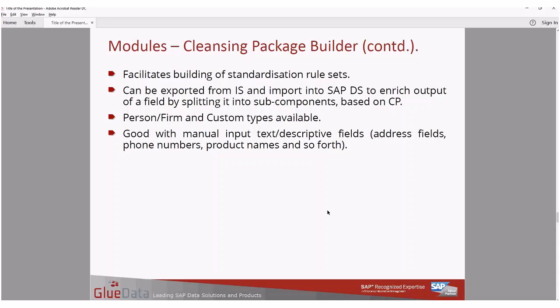We have different types, like your person and firm type, which is looking at address, names, things like that, and then custom types. This is open, and cleansing packages are very good with manual input and descriptor fields. So your custom types would relate to your material naming conventions, telephone numbers, let's say, anything that's entered manually into the system. You can then go and standardize and apply those rules going forward.